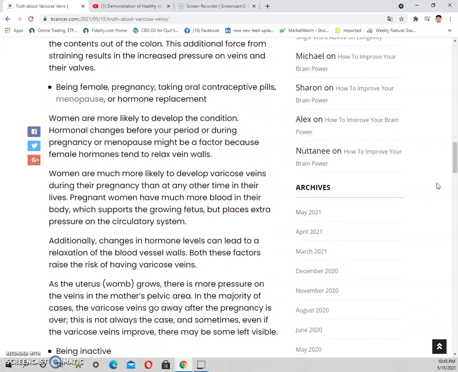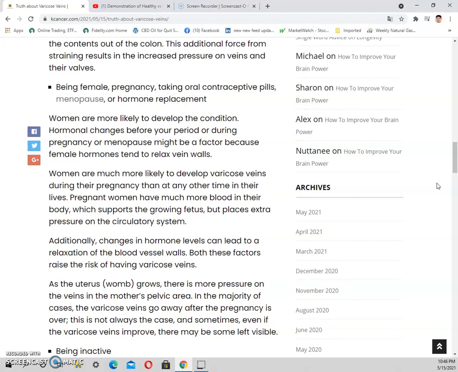Another important factor is sex. Usually females have a much greater chance of suffering from varicose veins, because females have a lot of hormones which tend to relax vein walls. Because they are relaxed, the power of the veins is reduced, and then blood can be retained in the leg.